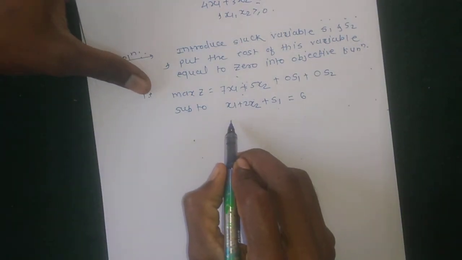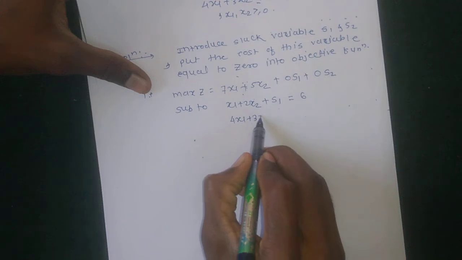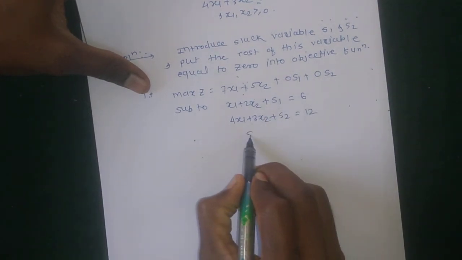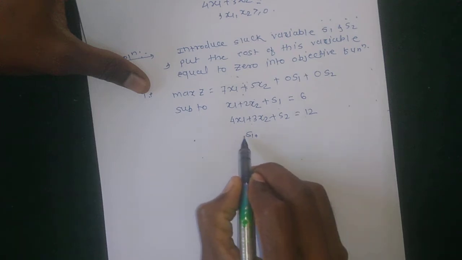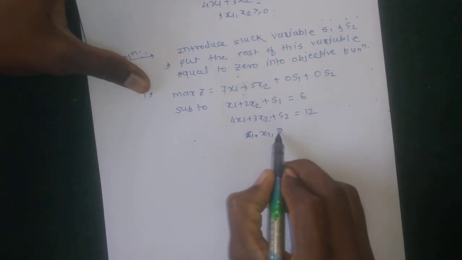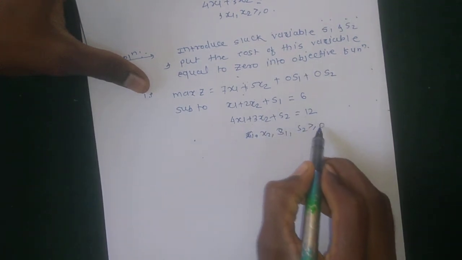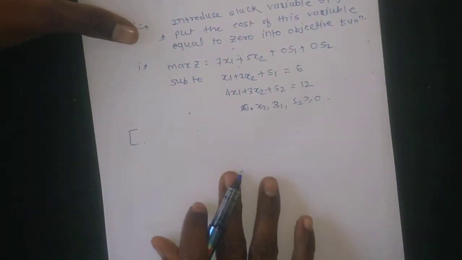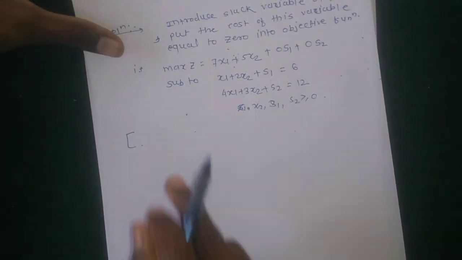The next constraint is 4x1 plus 3x2 plus s2 is equal to 12, and all variables x1, x2, s1 and s2 are greater than or equal to 0. There is no need to write out each example like this, but this is the first example.